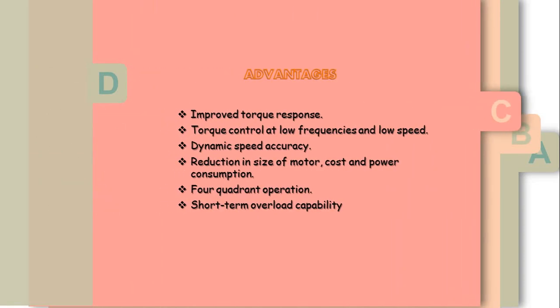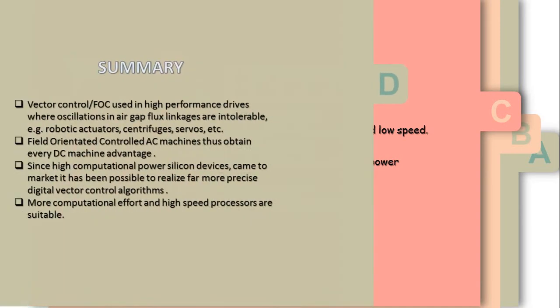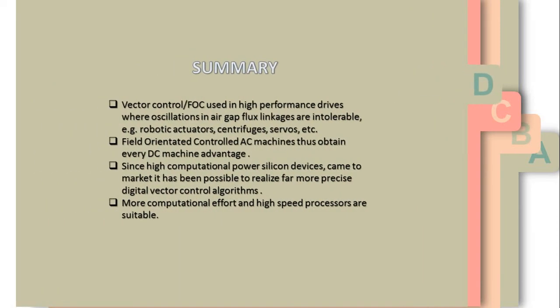These are the advantages of field oriented control: improved torque response, torque control at low frequencies and low speed, dynamic speed accuracy, reduction in size of motor, cost and power consumption, four-quadrant operation, and short-term overload capability. In summary, vector control is used in high performance drives where oscillation in air gap flux linkages is intolerable, for example servos and robotic actuators.